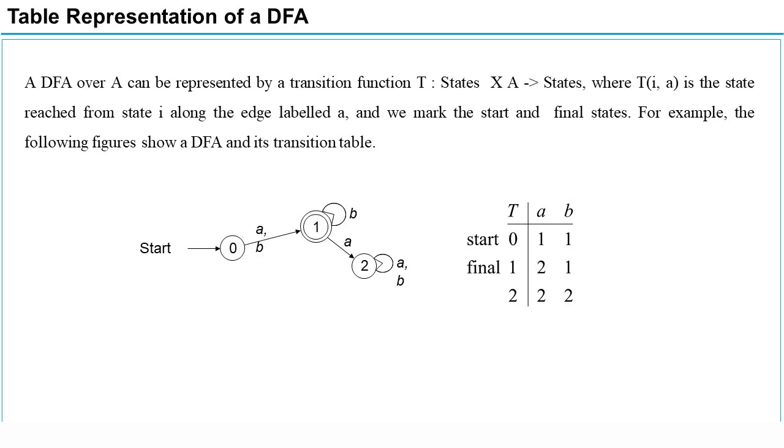When the input is B, it remains in the same state. Now at state 2, when input A is given, it remains in the same state, and when input B is given, it also remains in the same state. So this representation has been given in the transition table.